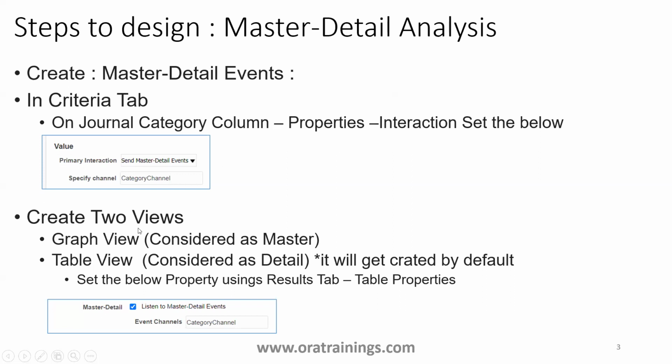Now, the next thing is on the result tab. By default, we'll have a table view, but we require one more view, so create a graph view, and we'll consider that as the master in our assumption.